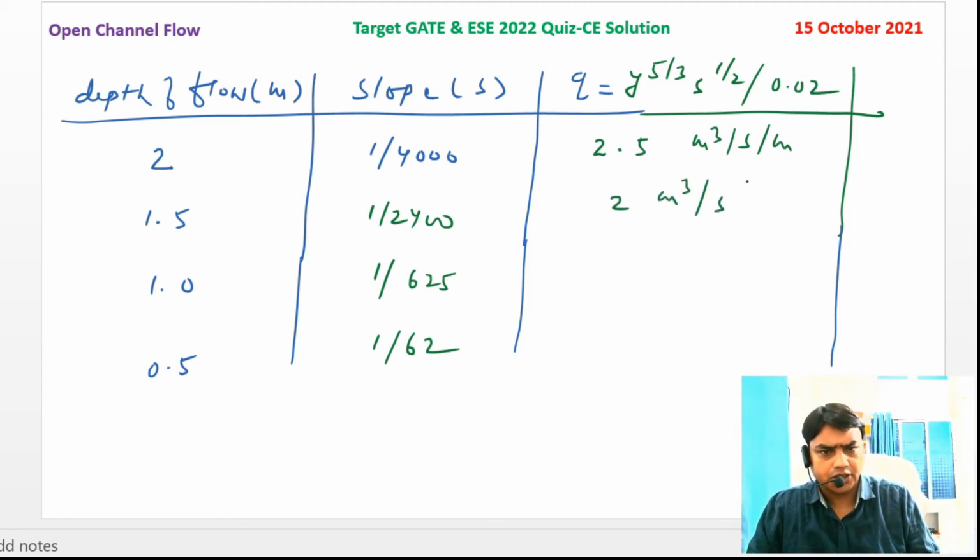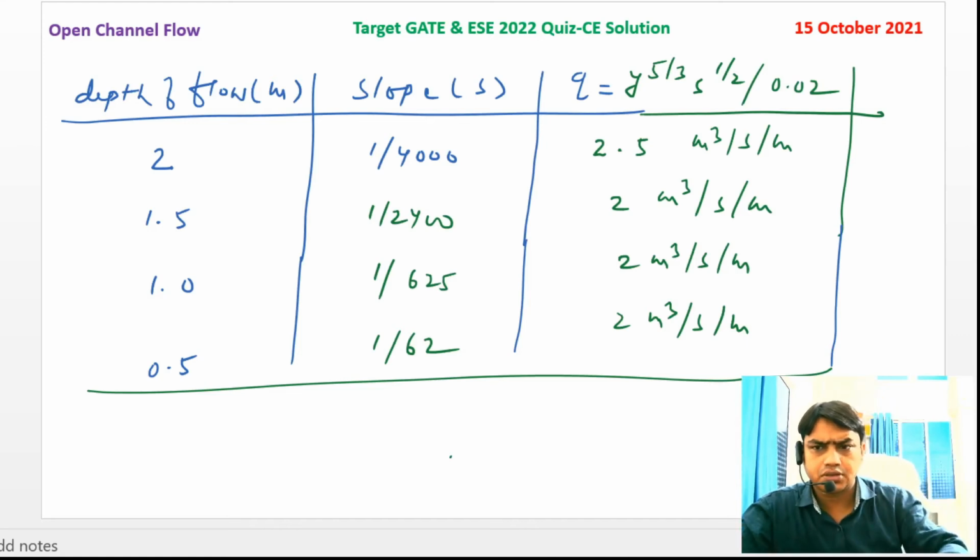For a depth of 1 meter and slope 1 by 625, it is coming 2 meter cube per second per meter. And for 0.5 meter and slope 1 by 62, it is also coming 2 meter cube per second per meter.